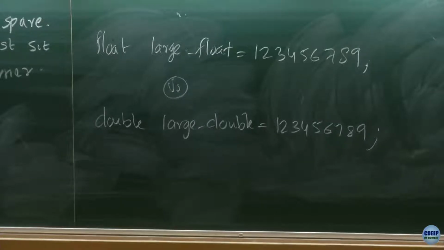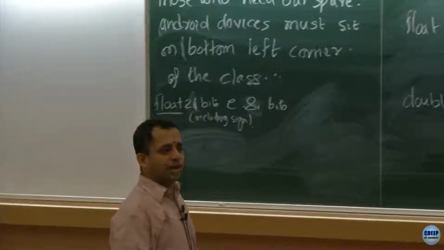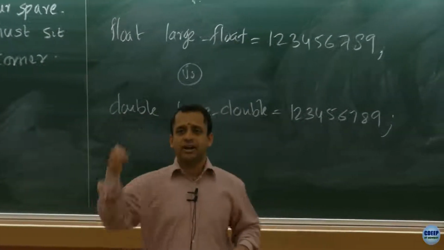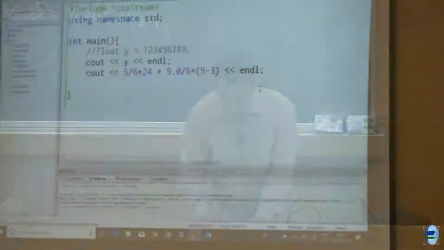Would you expect the double to be able to store this value? Do you want to try it out? Want to try out the program? Yes or no? Let's try that.